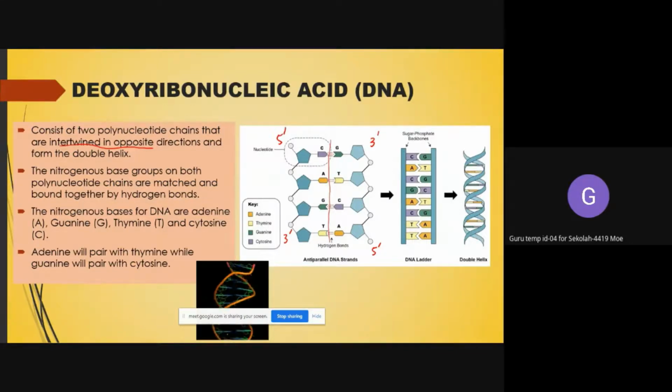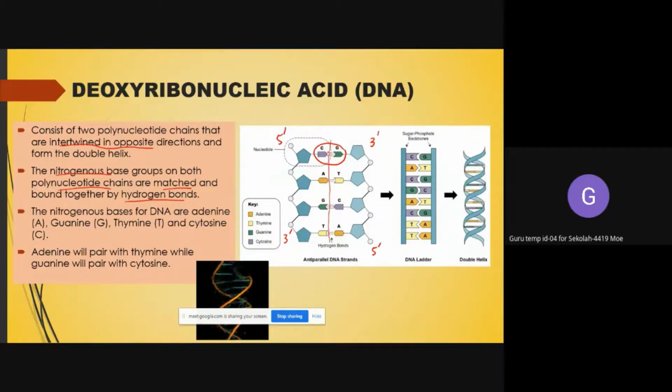Okay. So nitrogenous base. Nitrogenous base group on both polynucleotide chains are matched and bound together by hydrogen bond. Ni nitrogenous base group dia. Nitrogenous base ni bound together by hydrogen bond.